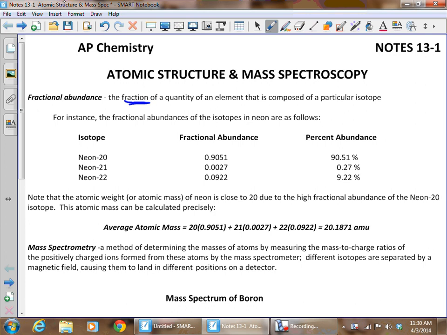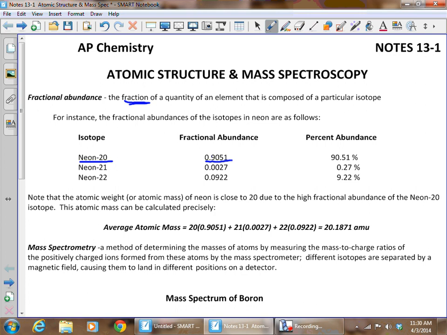For instance, the fractional abundances of the isotopes in neon are shown here. It shows that neon 20 has a fractional abundance of 0.9051. Its percent abundance then is 90.51%.